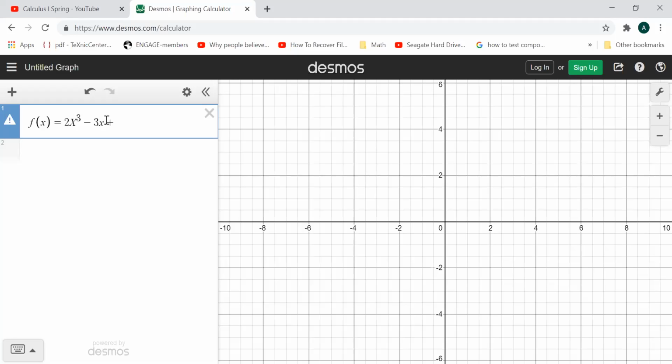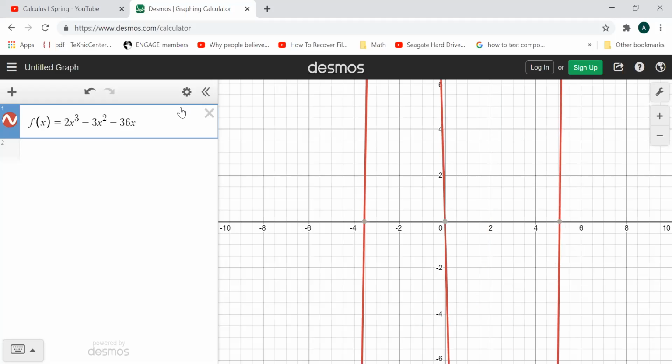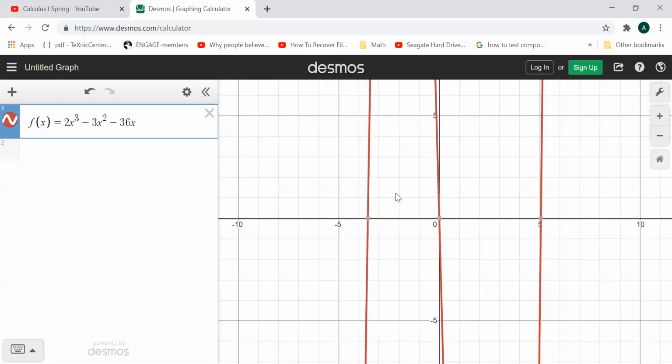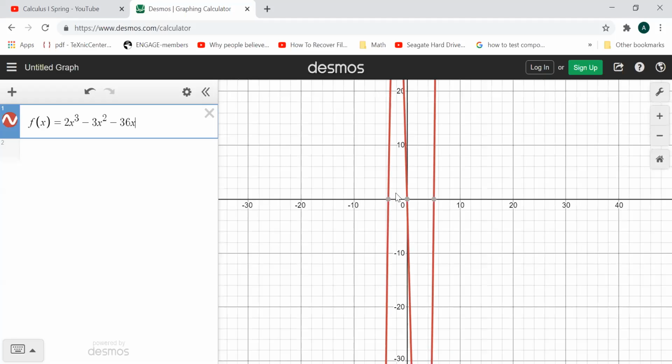My apologies. Keep the caps down here. x squared. So 2x cubed minus 3x squared, minus 36x. All right, minus 36x.